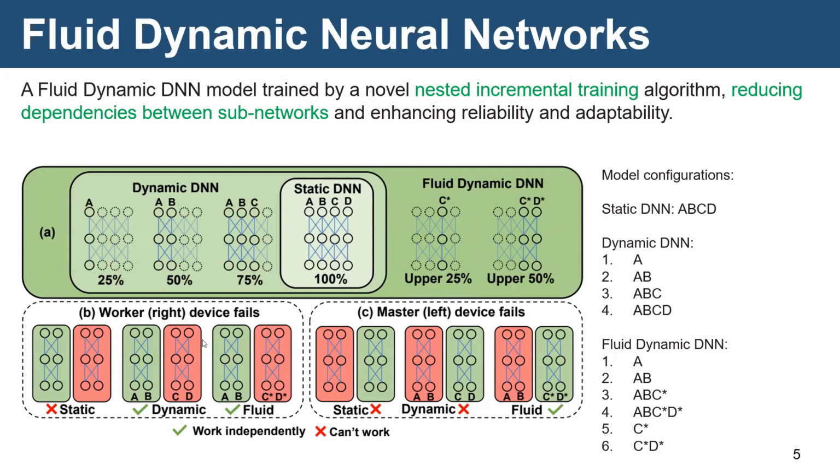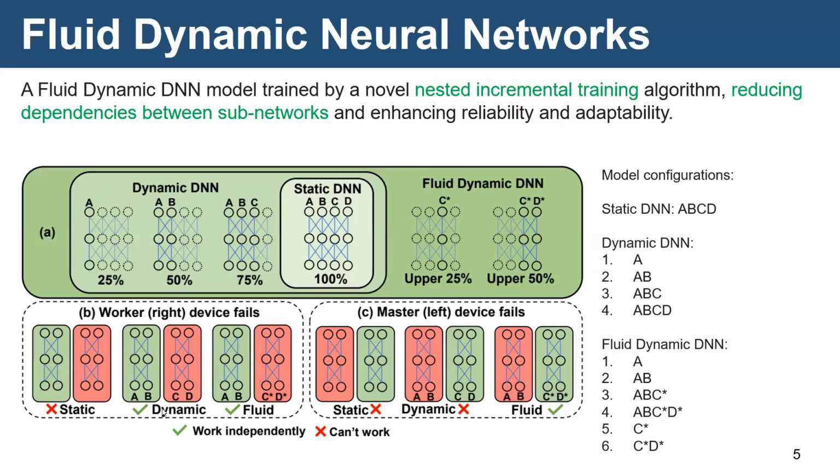Now let's have a look at the model failure scenarios. For static DNN models, as I mentioned, all the model weight must be used for inference, so any one device failure could cause system failure.